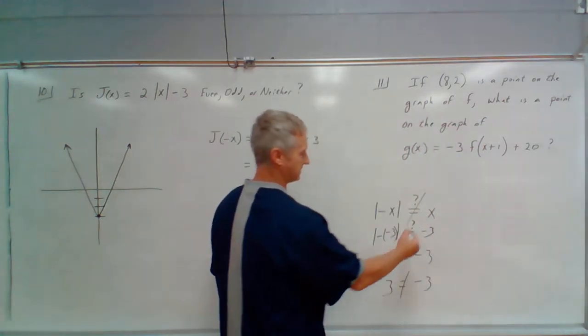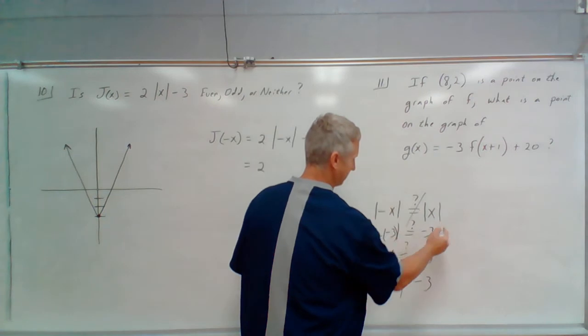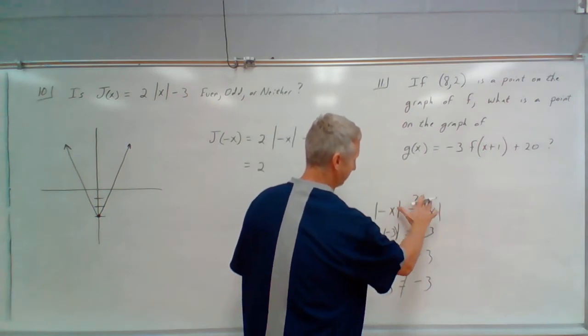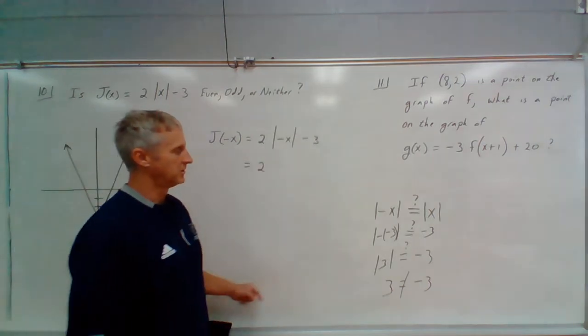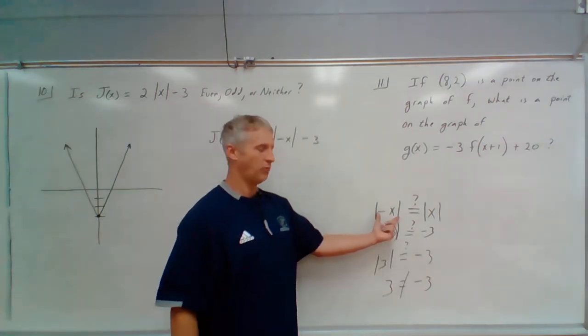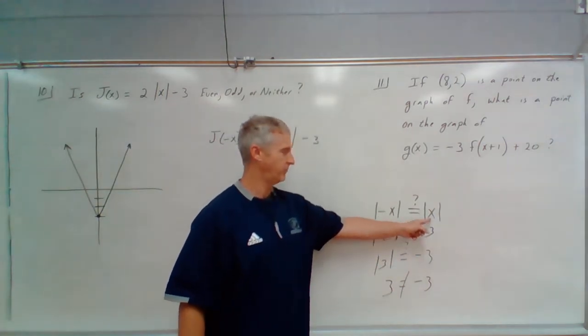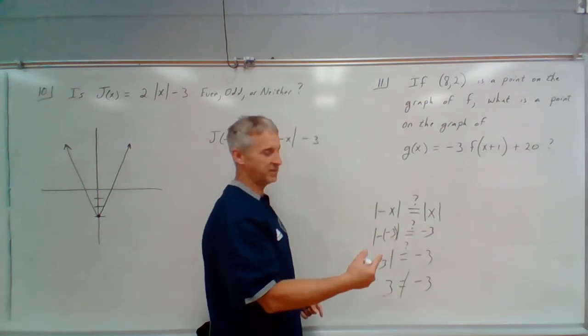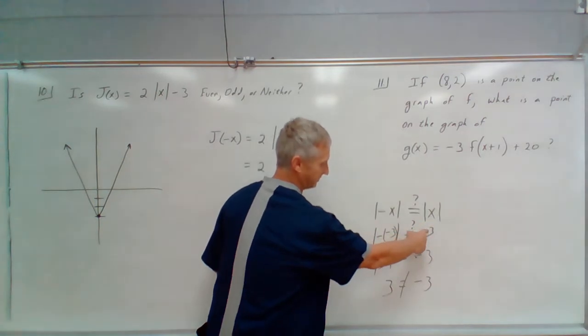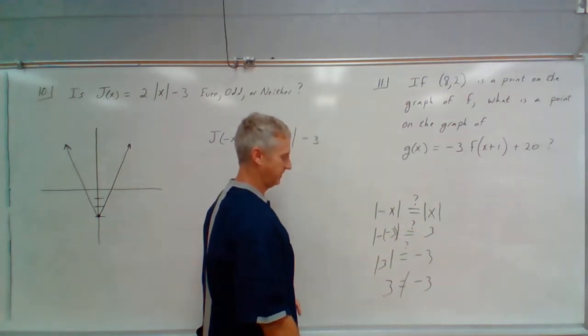Okay. What is true though? What if I did this? Is that true now? Okay. So now, no matter what I put in for x, I'm always going to get a positive answer. So if I put in a negative 3 for x, then that would be a positive 3.